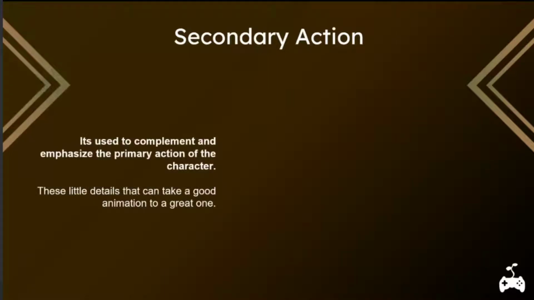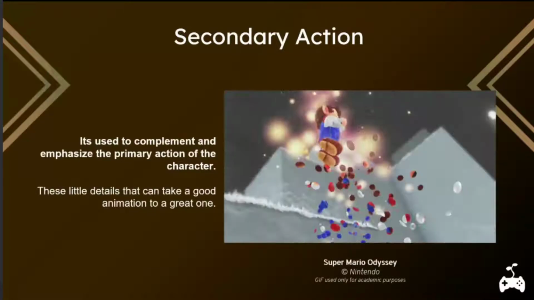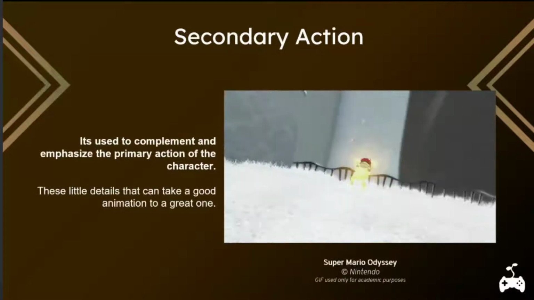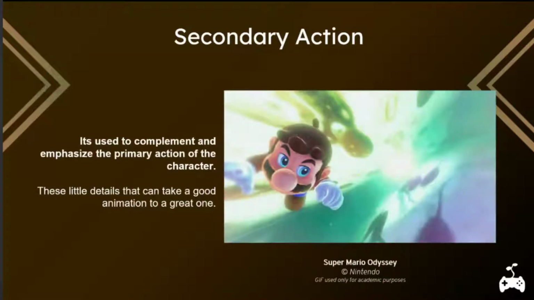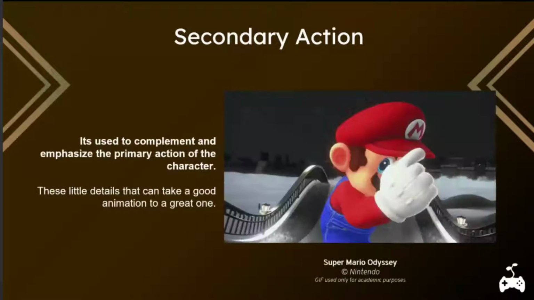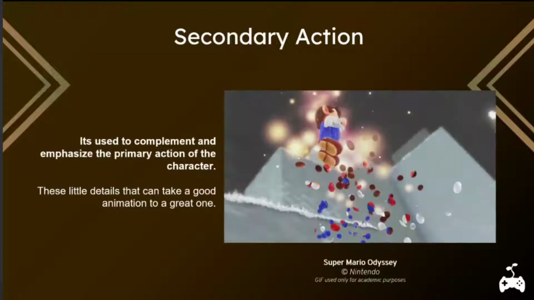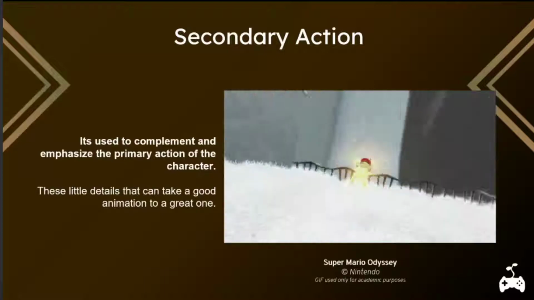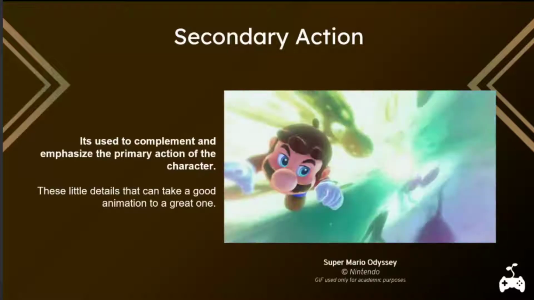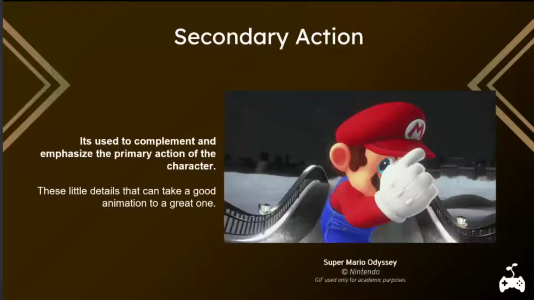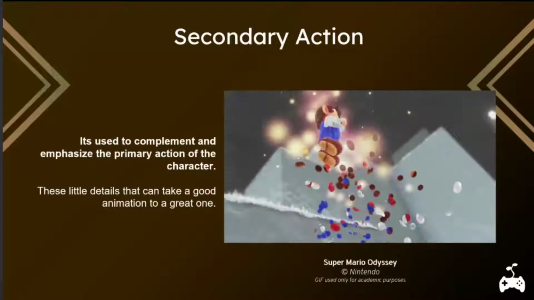In this example, taken from the game Super Mario Odyssey, since Mario is possessing a frog using his hat, the secondary action is the hat movement when Mario realizes he's the frog. Right now, let's see it again. And we can see it right now. Yes. Now, on to the next one.